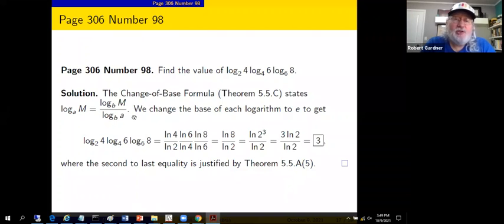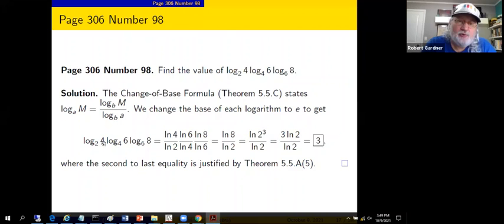So let's use the change of base formula. So we change the base of each logarithm, say to base E, to natural logs. Log base 2 of 4 will become the natural log of 4 divided by the natural log of 2. What we'll do is put the M in the numerator and the base A in the denominator.